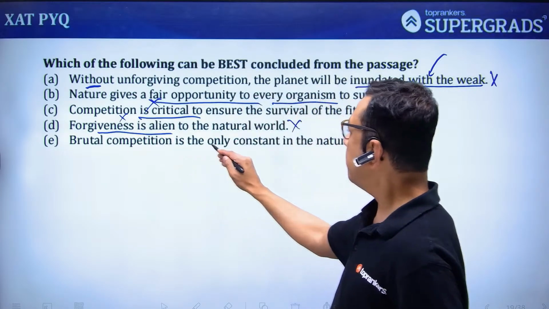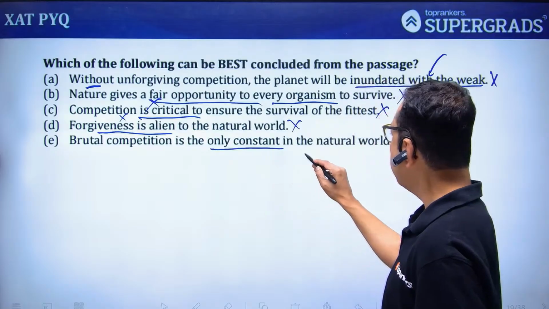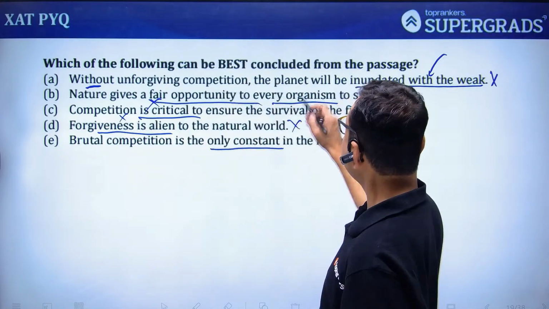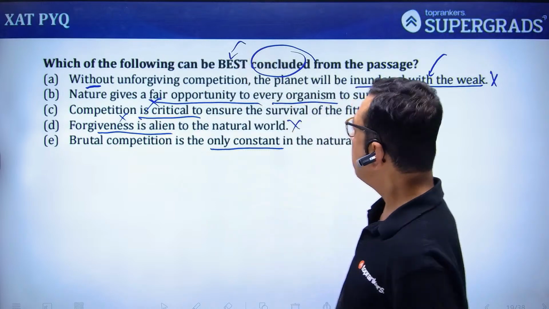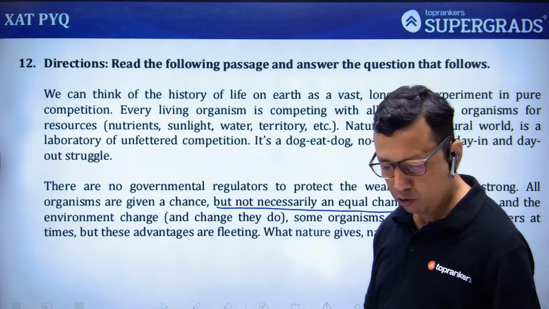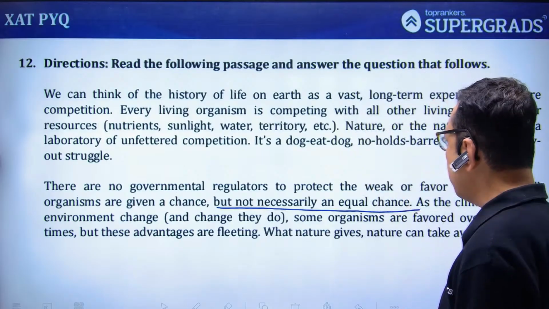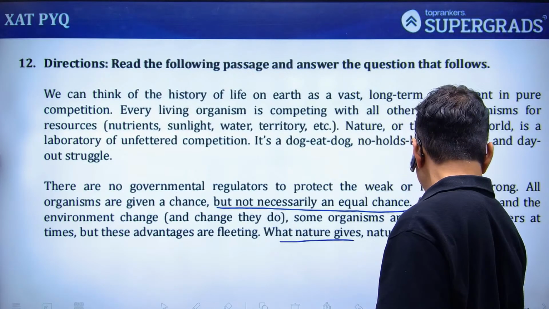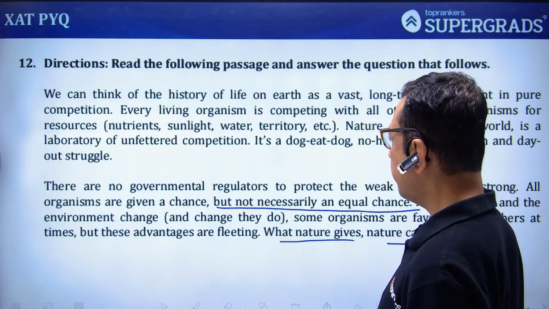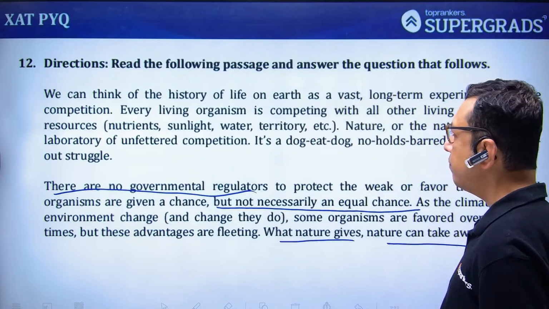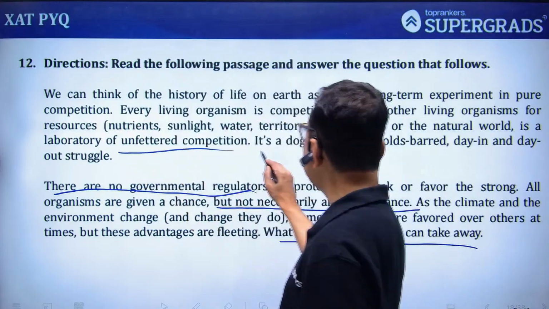Brutal competition is the only constant in the natural world. Well, can it be best concluded? That's the point here. What nature gives, nature can take away. There are no government regulations. Unfettered competition.